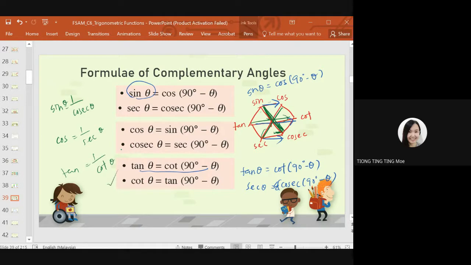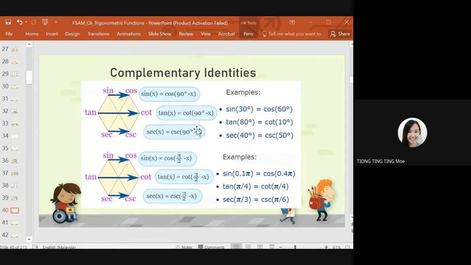This one I think is no problem for you to remember, right? The three basic reciprocals you can remember, because we can look at the third alphabet here. But the complementary may be hard for you to memorize, so you can use this method. You can use the hexagon to help you remember. This is the way. Tangent, reciprocal, I showed just now. So this one is for the angles.